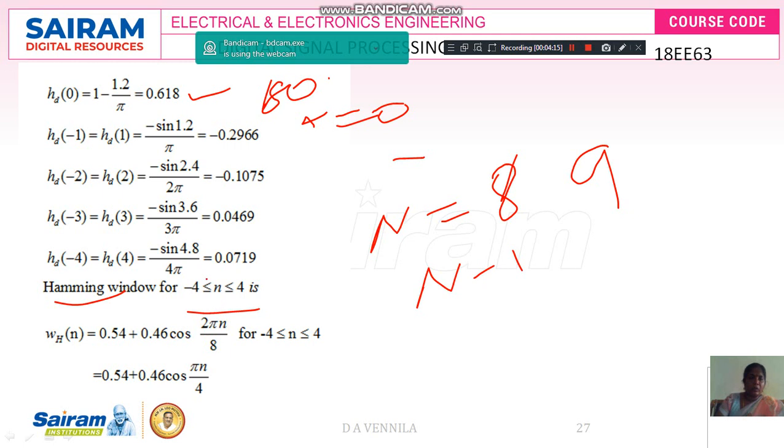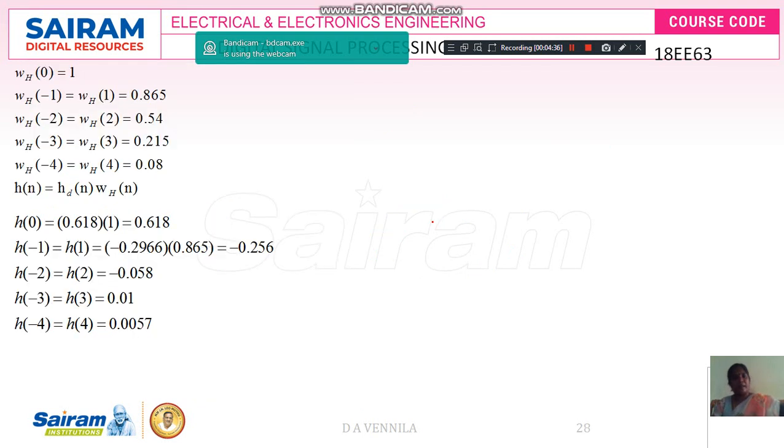Here the center of symmetry is 0, located on both sides, so alpha is equal to 0. So n goes from minus 4 to plus 4; substitute these values to find the coefficients of the Hamming window.